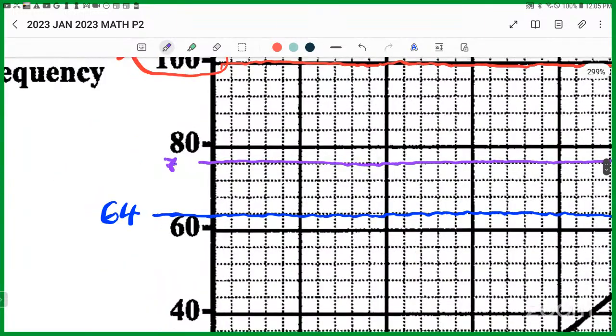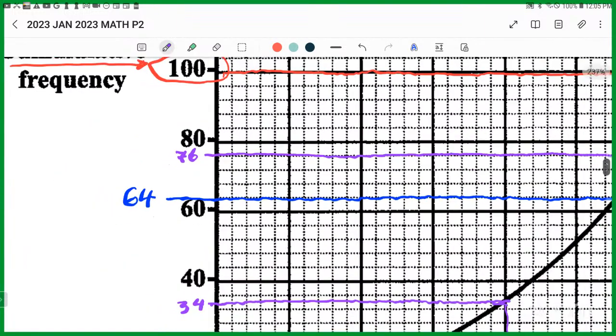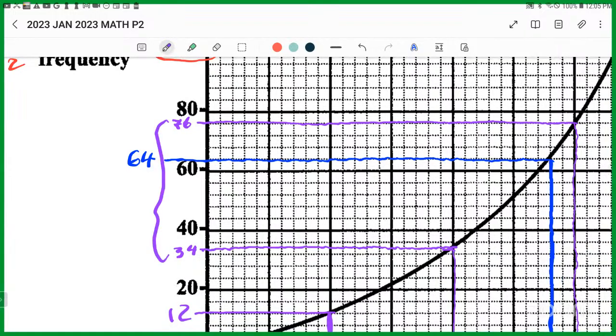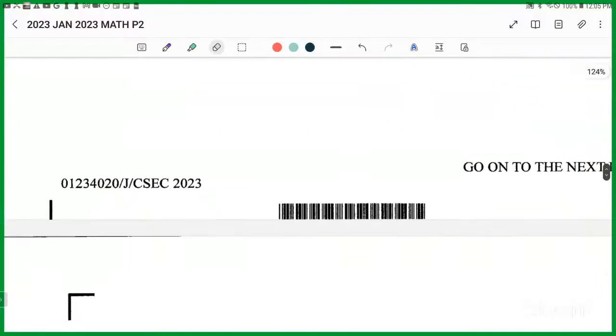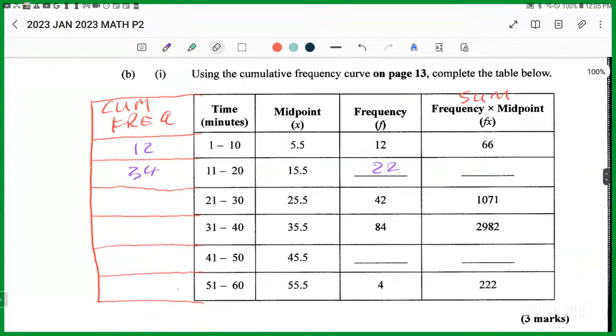So in between here and here is that interval, 76 minus 34, that's 42. That interval is 42. I'm going to put 42 in that interval down here. Oh, they have it there already, because we got 76 right here. So you see the 42 is matching.